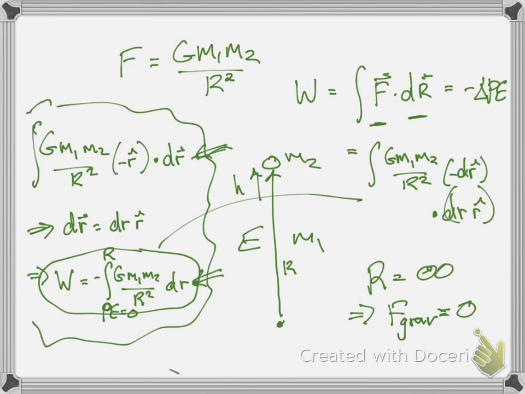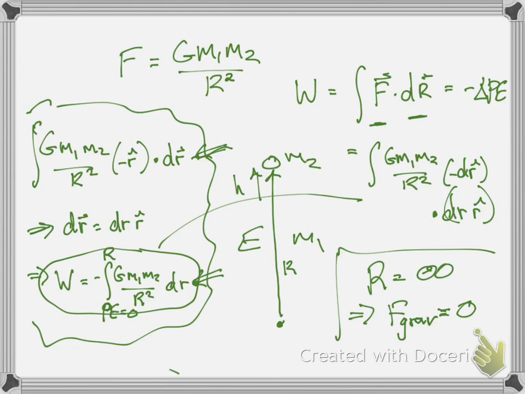That doesn't mean we have to define potential energy equal to 0 at r equals infinity, but it's a good place to do it, also because of the discussion we just had about bound states: the only time that m2 is not going to be bound to m1 by gravity is when it's infinitely far away.